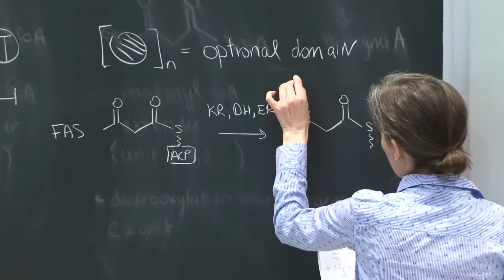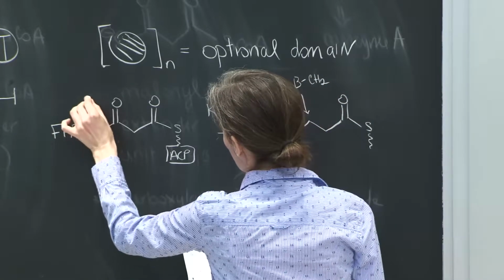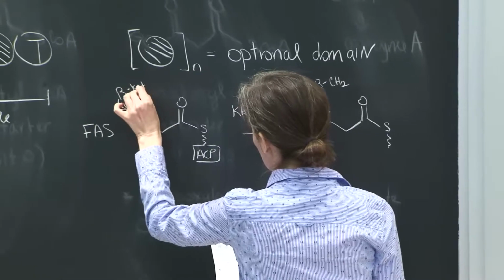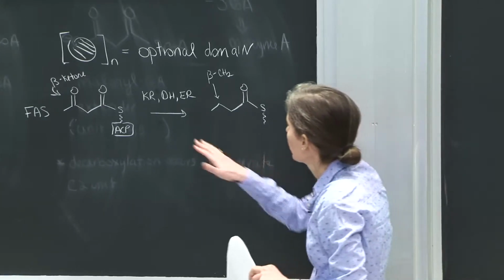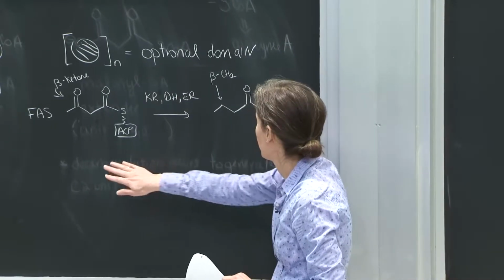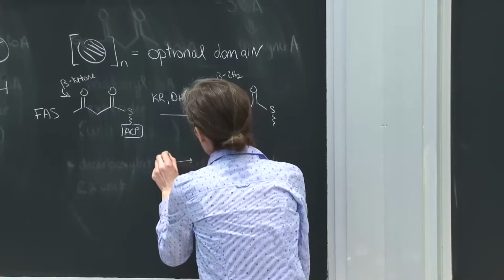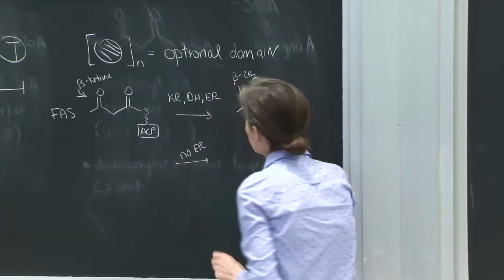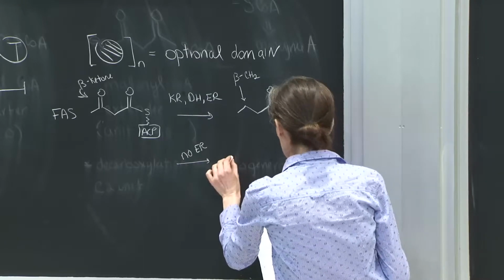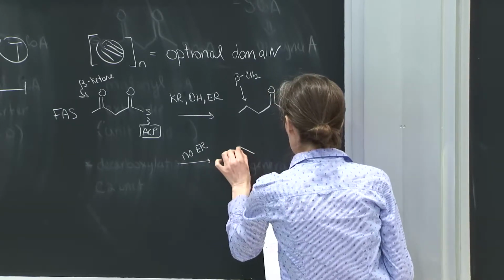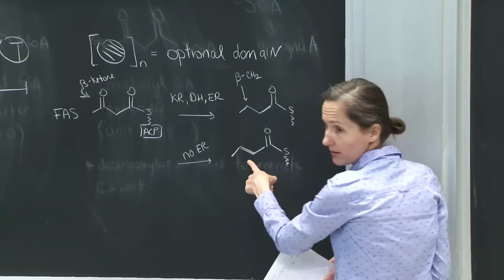Where here we have a beta CH2 group rather than the beta ketone. So what happens in PKS, right, in terms of the different optional domains? So we could have this and have full reduction. We could imagine maybe there's no enoyl reductase. So the module has the keto reductase and the dehydratase, but no enoyl reductase. And so as a result, this polyketide ends up with a double bond here.